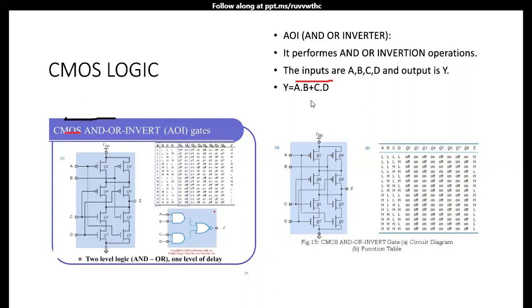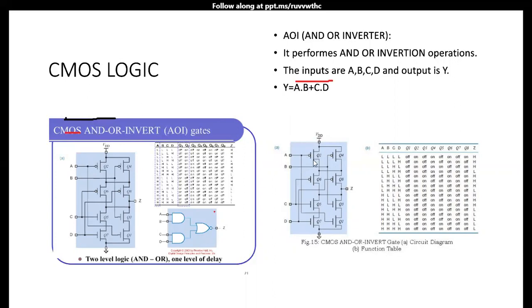To perform the plus operation of A dot B and C dot D, we have to perform the OR operation by connecting the PMOS transistors in series and NMOS transistors in parallel. That's why I am connecting the A dot B network in series with the C dot D network.